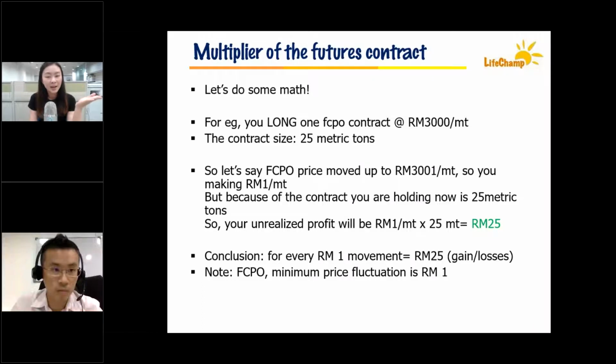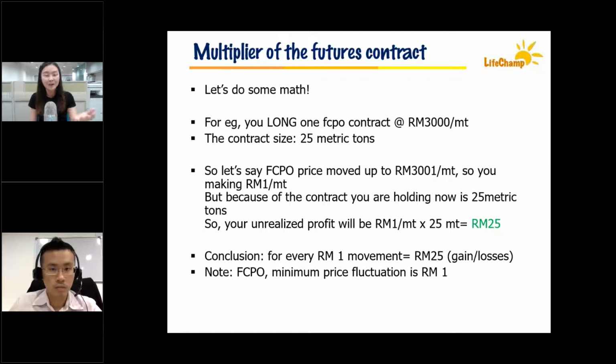The price increases to 3,001, which means you're making 1 ringgit per metric ton. Your contract is holding 25 metric tons, so for your total profit you multiply 1 ringgit by 25 metric tons, and that gives how much you earn for 1 ringgit movement. In this case, it is 25 ringgit.